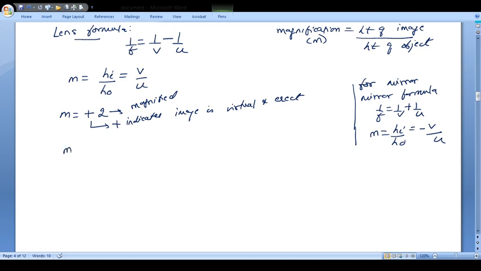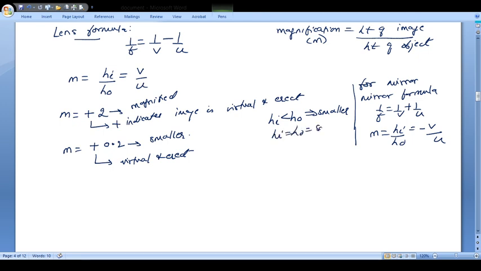If I say magnification is plus 0.2, then this will indicate it is virtual and erect, and 0.2 will indicate that it is smaller. So if I find hi is less than ho, then it implies smaller. And if hi is equal to ho, same size. And if hi is greater than ho, then it is magnified.